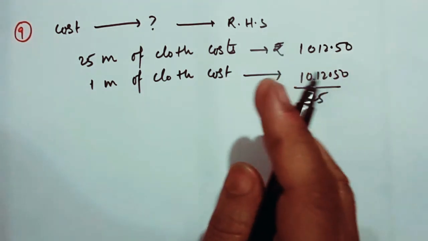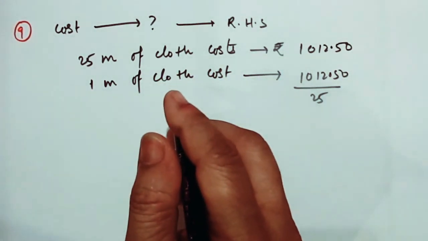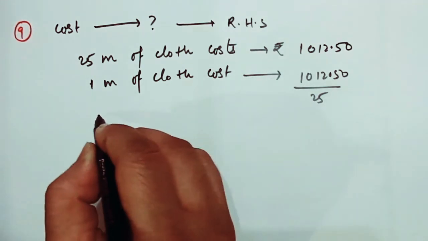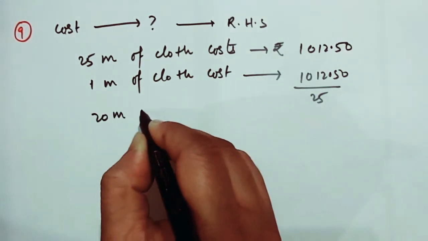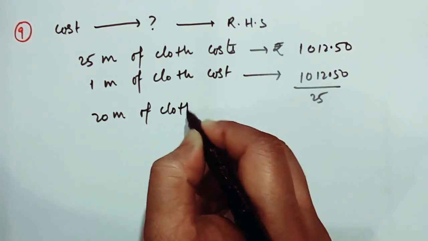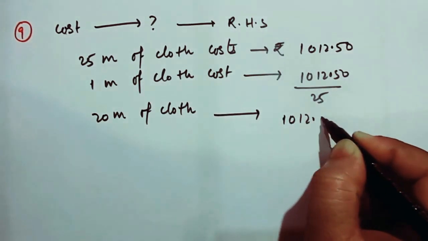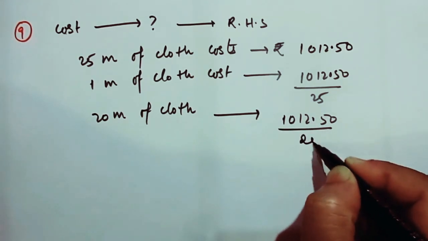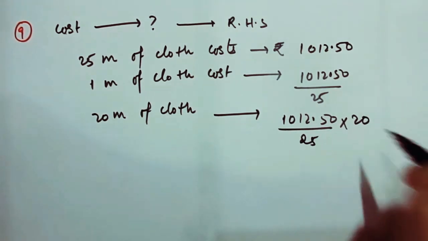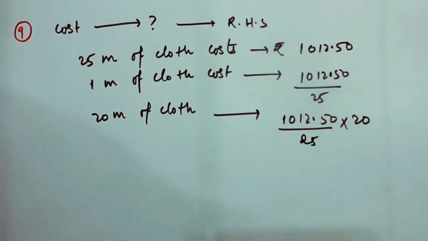No issue. What will be the cost of 20 meters of cloth? So 20 meters of cloth will cost how much? 1012.50 by 25 into 20. These simple calculations you can do yourself, isn't it?